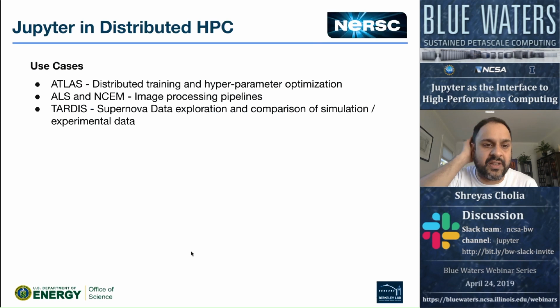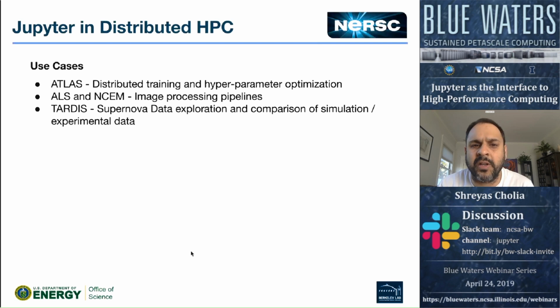We're also working with the Advanced Light Source and the National Center for Electron Microscopy for their image processing pipeline. So they've got instruments that are taking data live and then processing those things at NERSC.